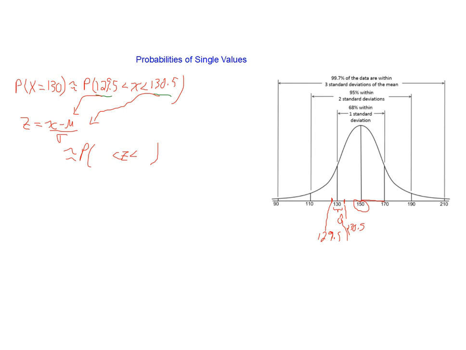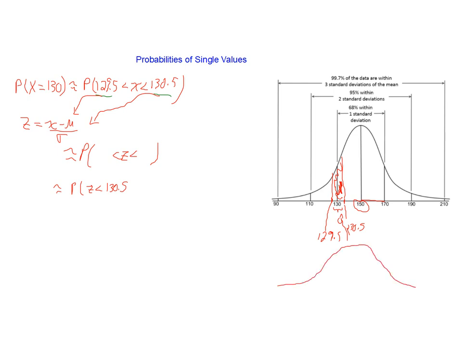Then we're looking at this interval right here. In order to find the area of this interval, we need to know the z values, so let me draw this curve here.